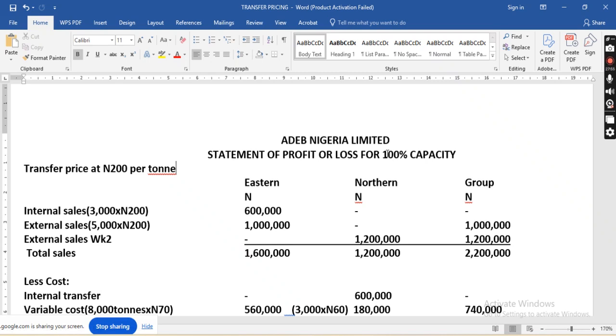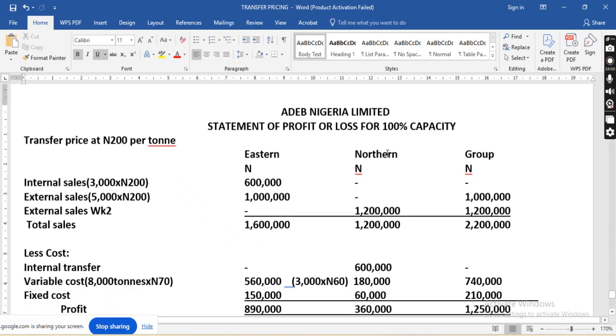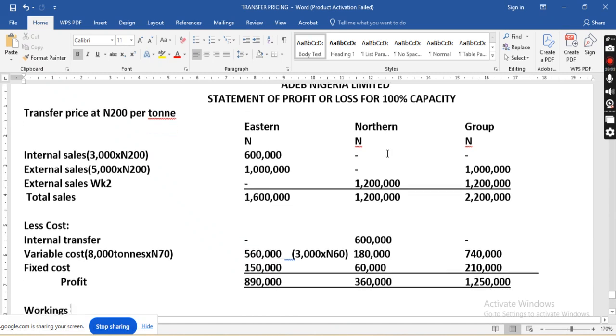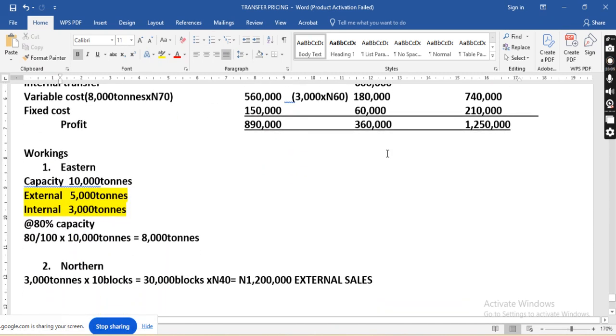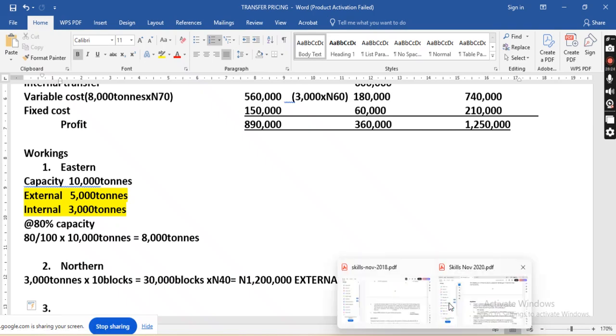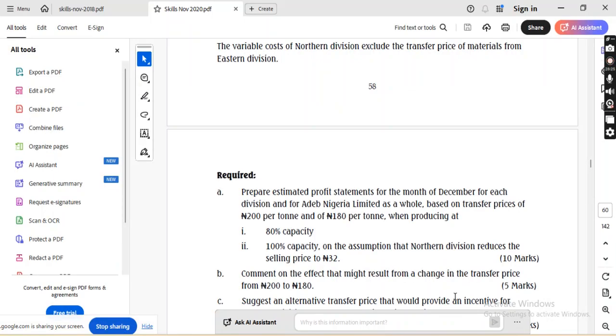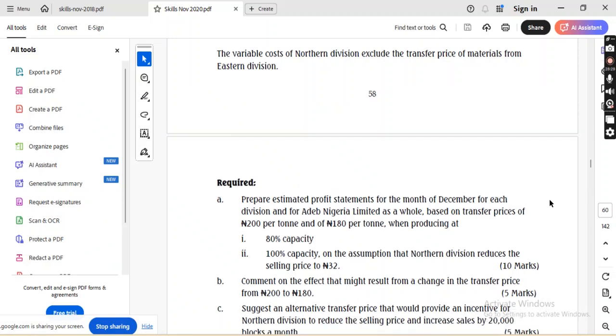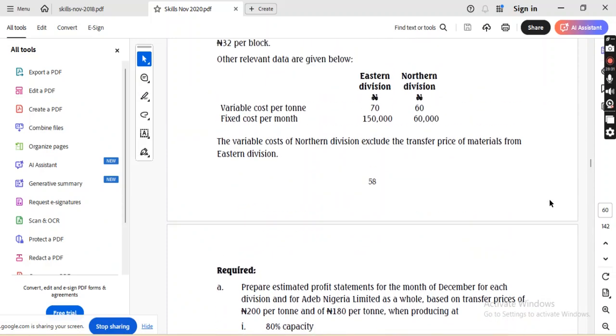Now, if this is based on 100% capacity, internal will not only demand the 3,000 tons, they will request additional.